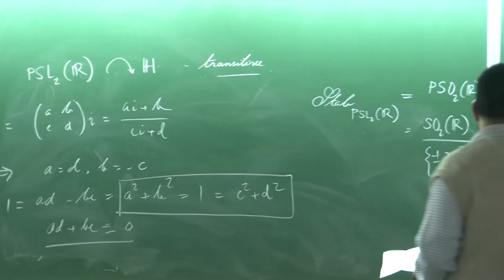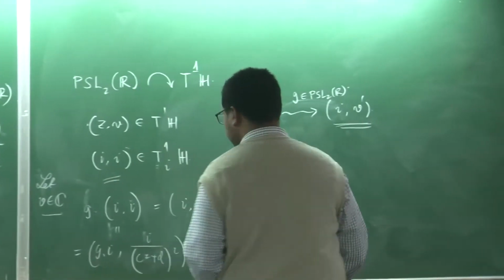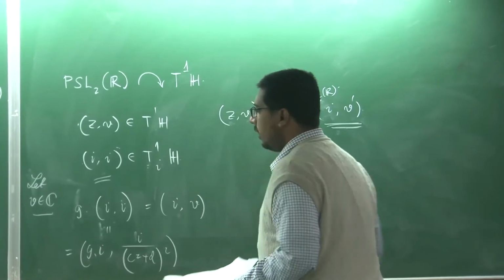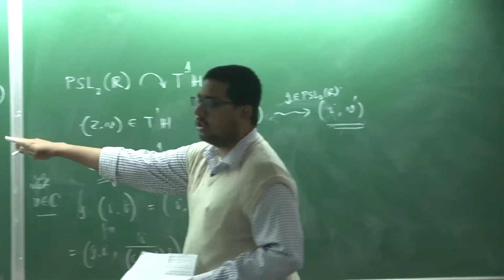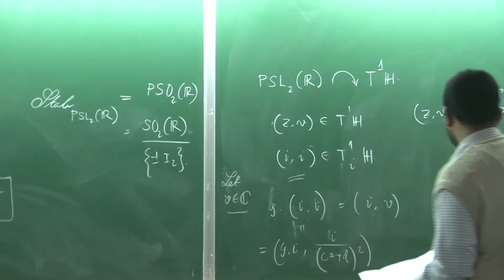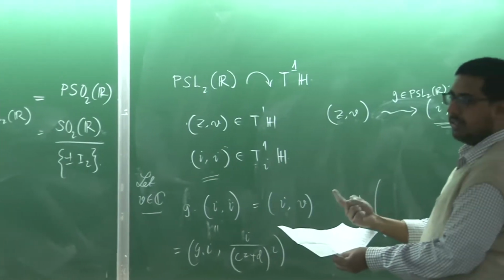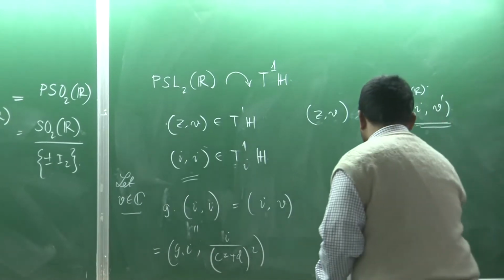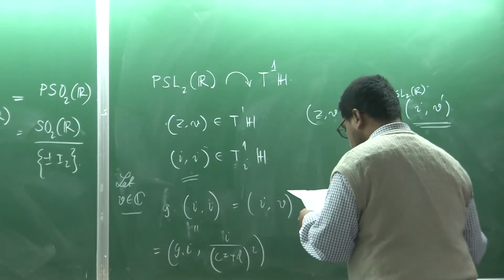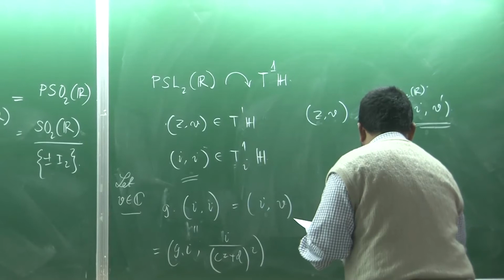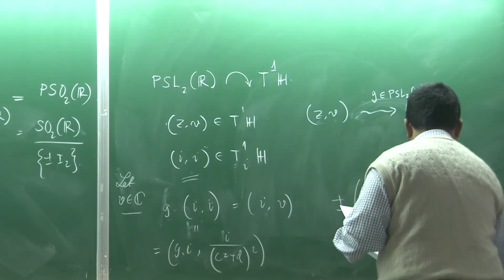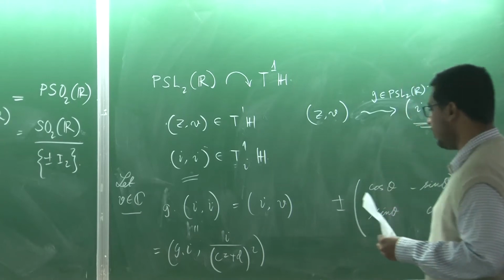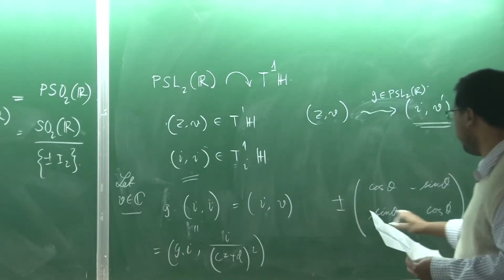So therefore G must be of this form. So what is G? G is nothing but plus or minus some orthogonal matrix with determinant 1. How does a 2 by 2 orthogonal matrix with determinant 1 look like? It looks like cos theta, sin theta, minus sin theta, cos theta. Just so, this G will be up to plus or minus sign.